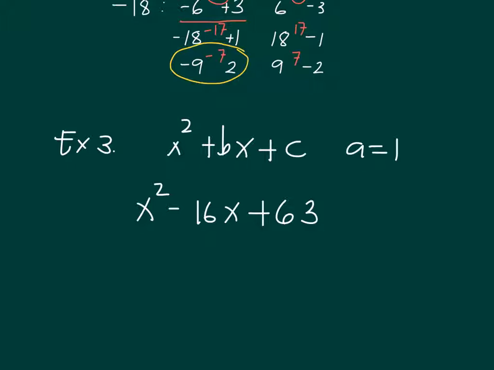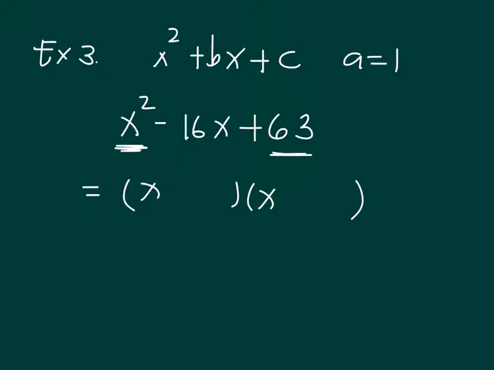If you inspect the trinomial, it's of the form x squared plus bx plus c, so you can expect it to be factored in this way. Again, the first term will always come from x squared, x and x, and all you have to do is to find the combination of numbers for the 63.